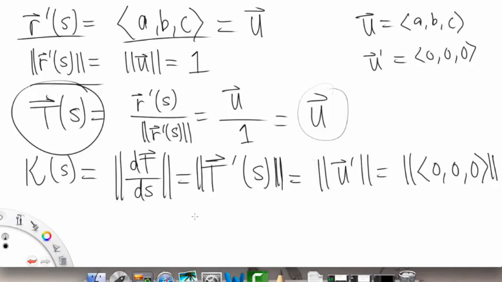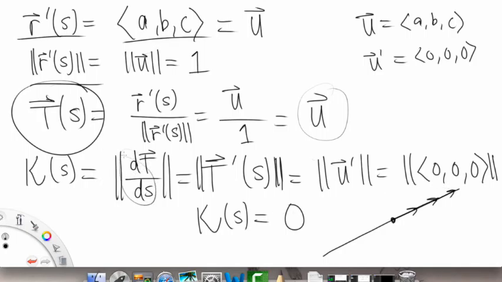So curvature for the line is just going to be 0, which is visually logical, right? Because, as I mentioned before, our tangent vectors are all pointing in the same direction. So they are unchanging, so that rate of change, the dT/ds, is going to be 0. Okay? All right, so now we've made the discovery that a line has 0 curvature.